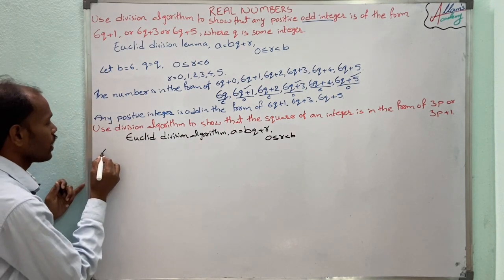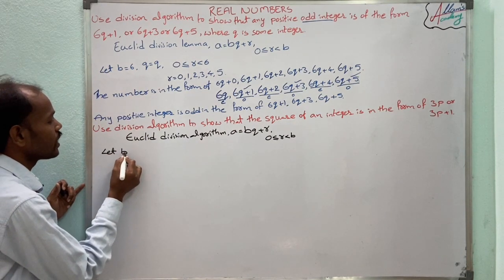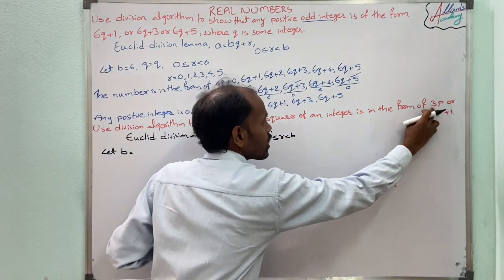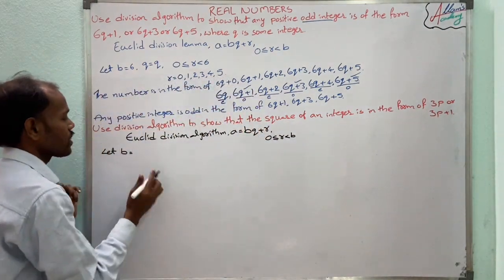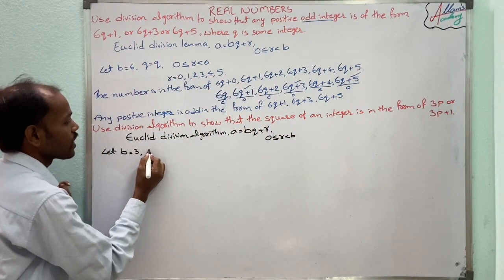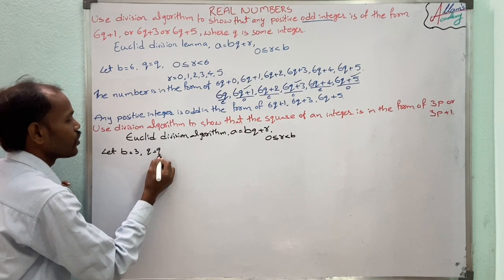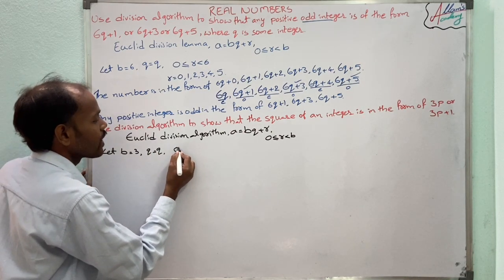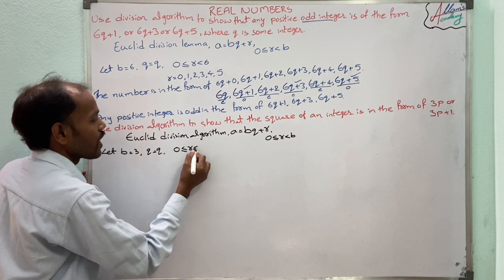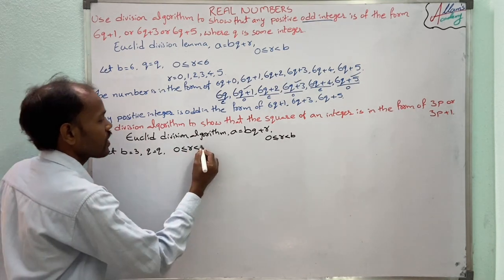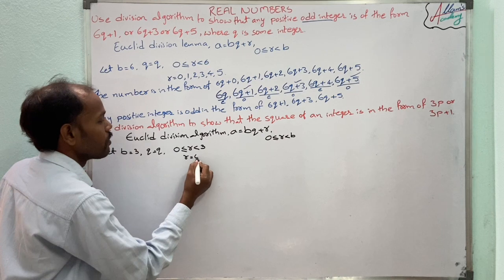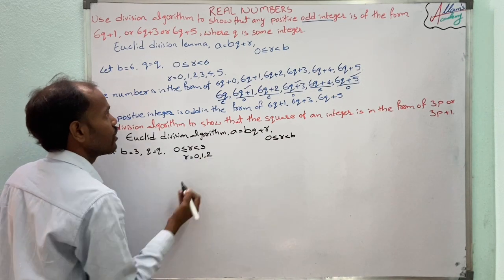Now the question is in the form 3p plus 1, so let b equal 3 and take q as q only, and the remainder is 0 less than or equal to r less than 3, since the b value is 3. So the remainders may be 0, 1 and 2.